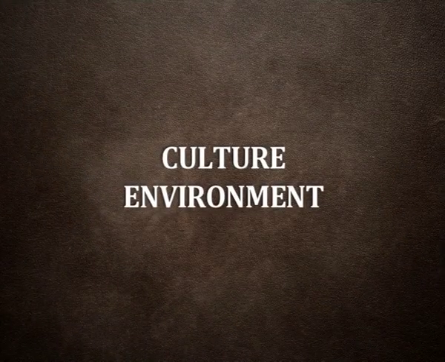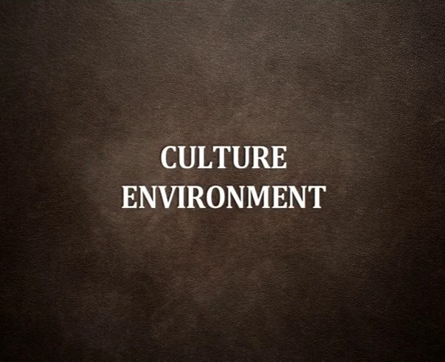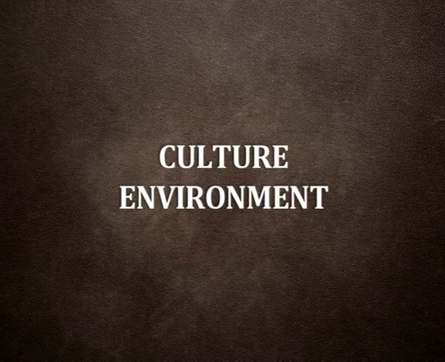Let us now take up the third factor, that is the culture environment. The culture vessels containing explants placed on growth medium are kept in culture rooms where the environmental factors such as temperature and light are controlled.